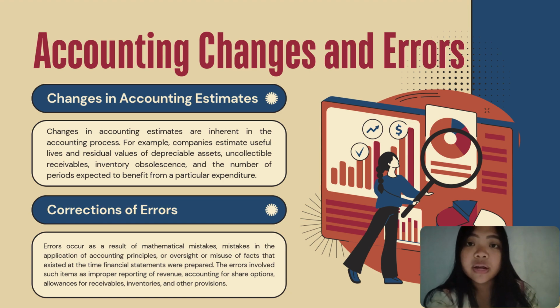Companies correct errors by making proper entries in the accounts and reporting the corrections in the financial statements. Correction of errors is treated as a prior period adjustment. They report the error in the financial statements as an adjustment to the beginning balance of retained earnings.